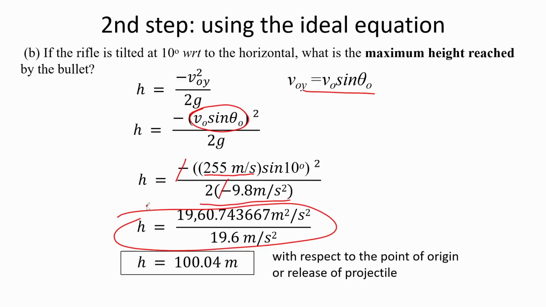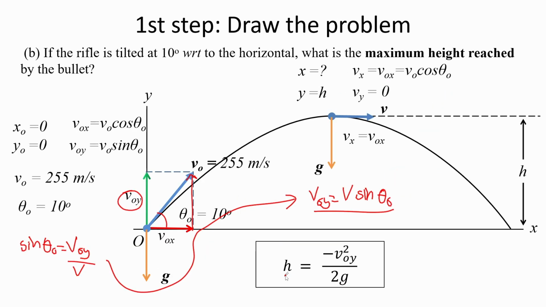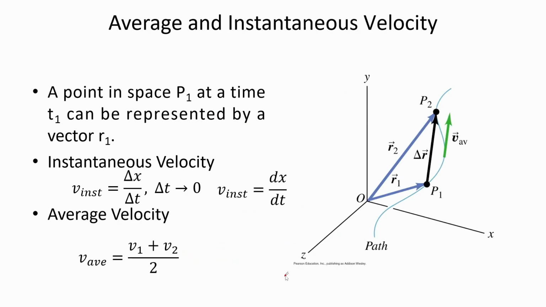Oh, very large, 19,060 divided by 19.6, and it's around 100.04 meters. This is with respect to the point of release. Okay, a little over 100 meters.